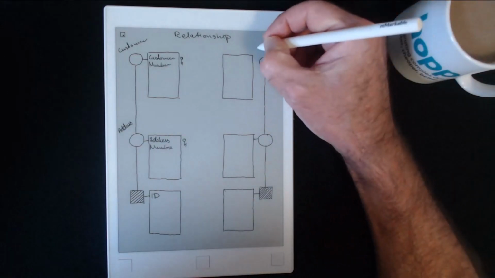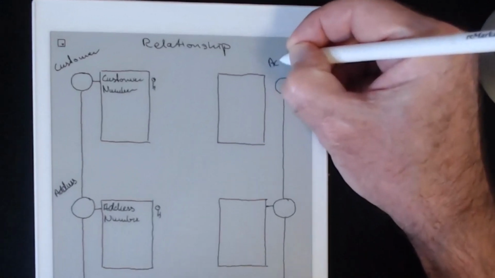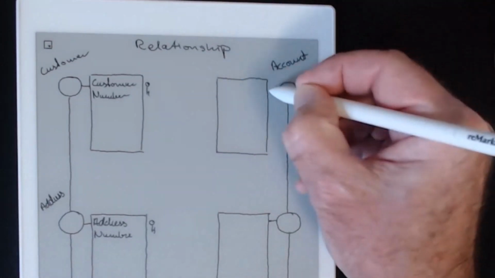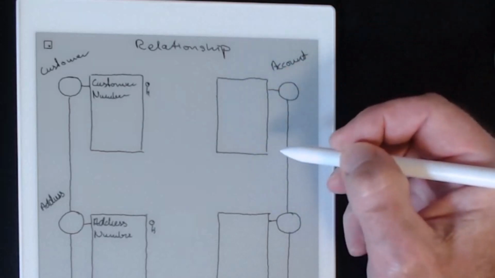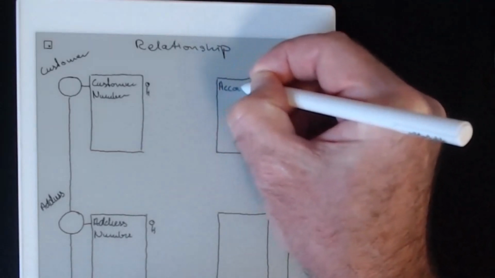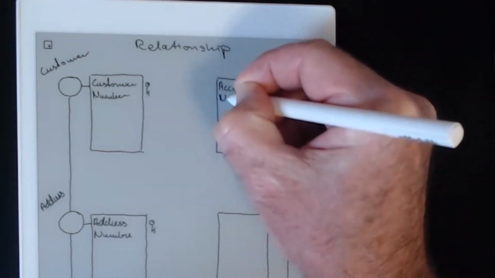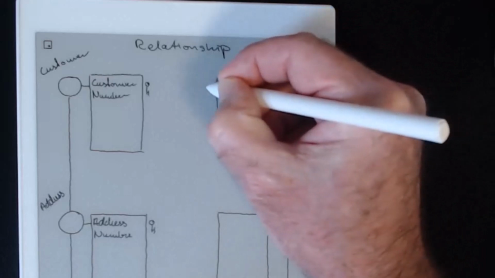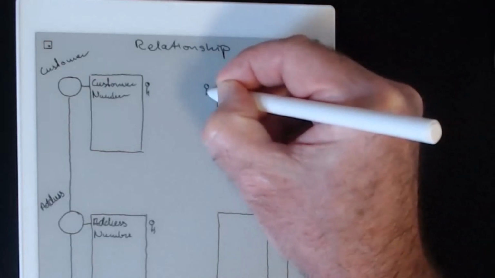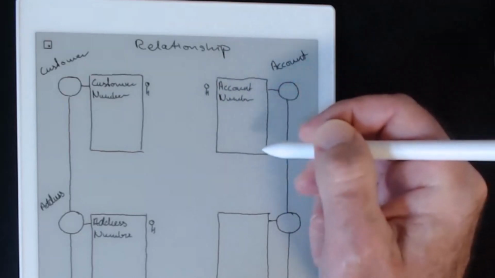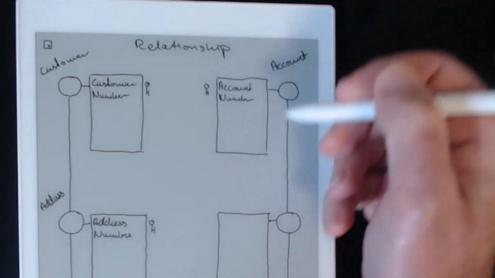Now comes along the business object account. The account also has interface fields. For sure it'll have an account number. That will be marked as a key in the target map. And it will also have a field that identifies the customer that owns the account.